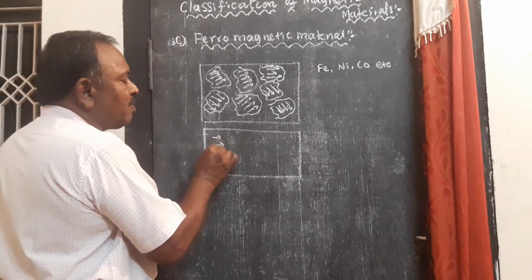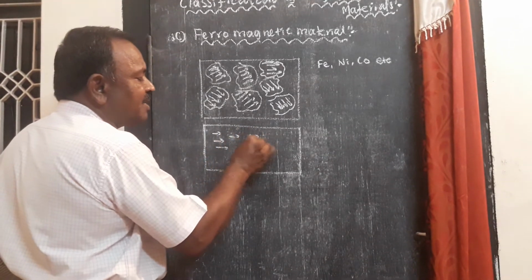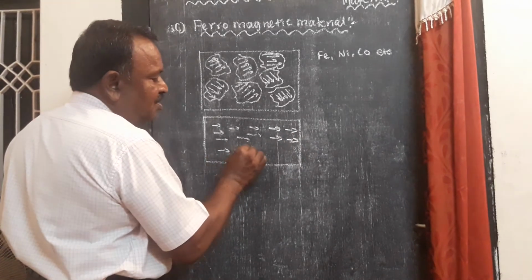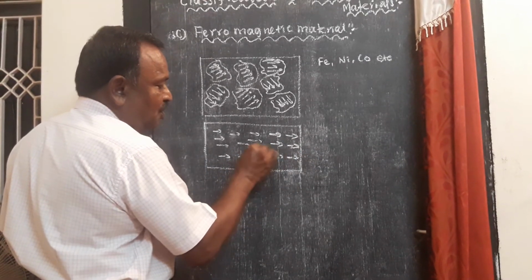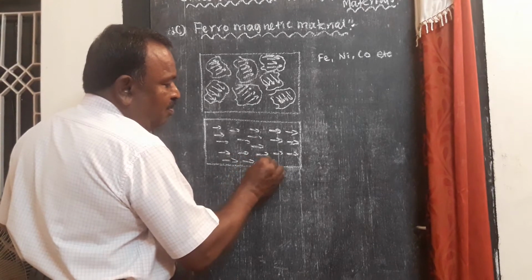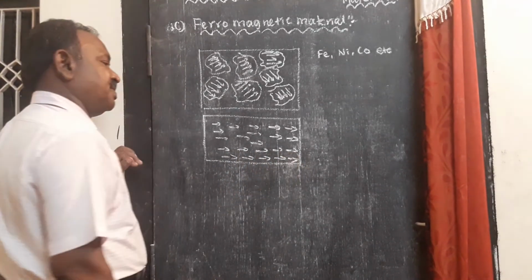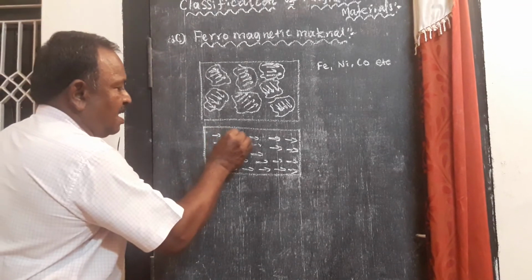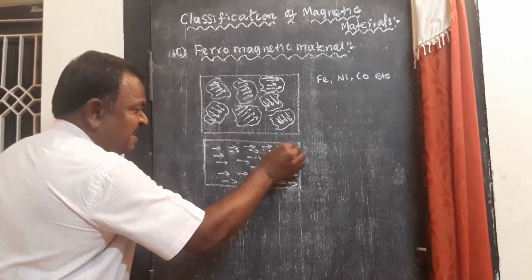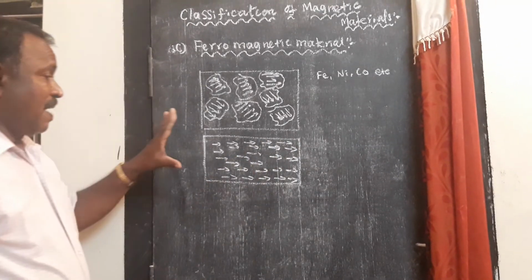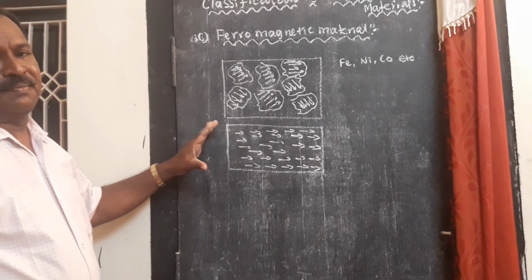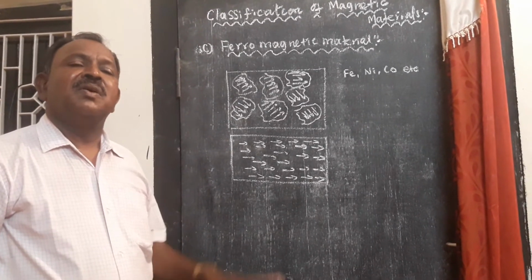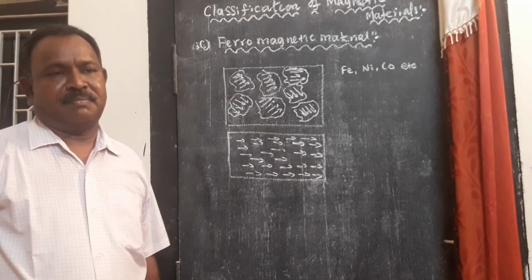All the dipole moments begin to align themselves in the direction of the external magnetic field. So the domain region increases. This produces a dipole moment in the direction of the applied magnetic field. Such magnetic materials are called ferromagnetic material.